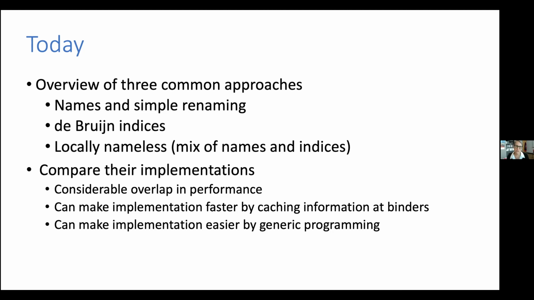We're also going to compare how their implementations work in terms of performance and how they are similar to each other. What we're going to find is that we start with a very straightforward implementation, but we're going to see if we can make it a lot faster by adding some optimizations to it. And this works for all 3 of these different versions.